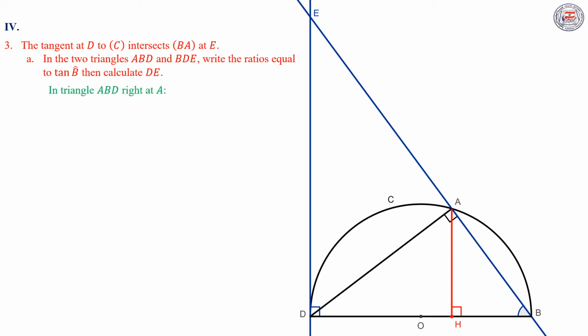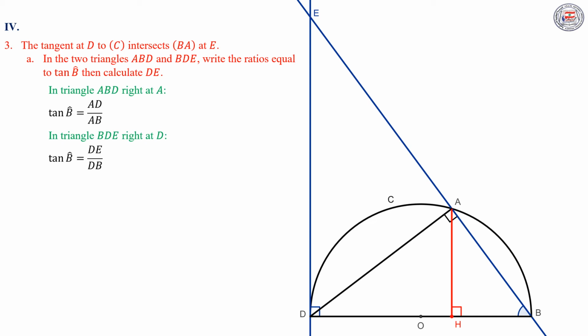So, in triangle ABD, which is right at A, tangent B equals AD, the opposite side, over AB, the adjacent side. And in triangle BDE, which is right at D, tangent B equals DE, which is the opposite side, over DB, which is the adjacent side.